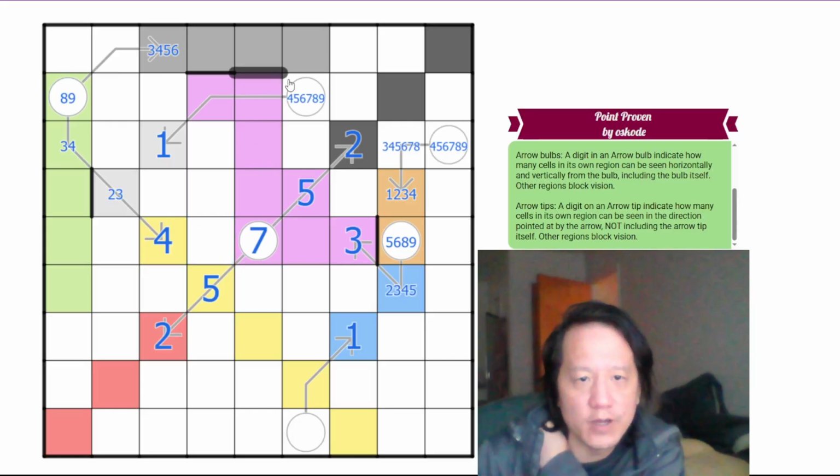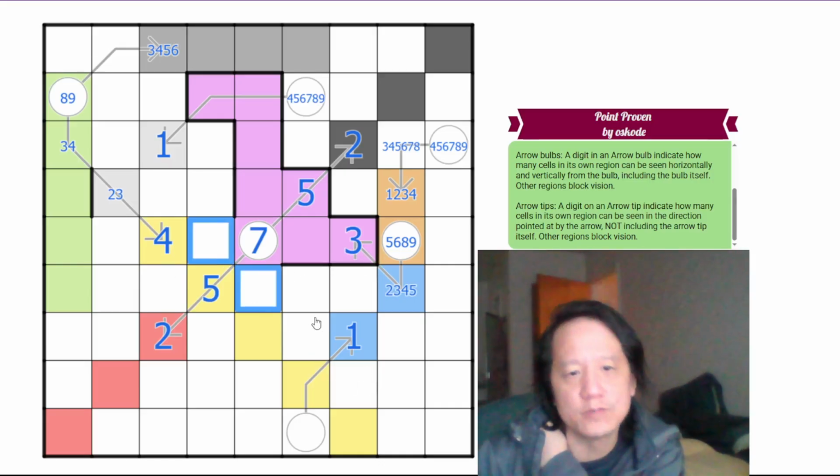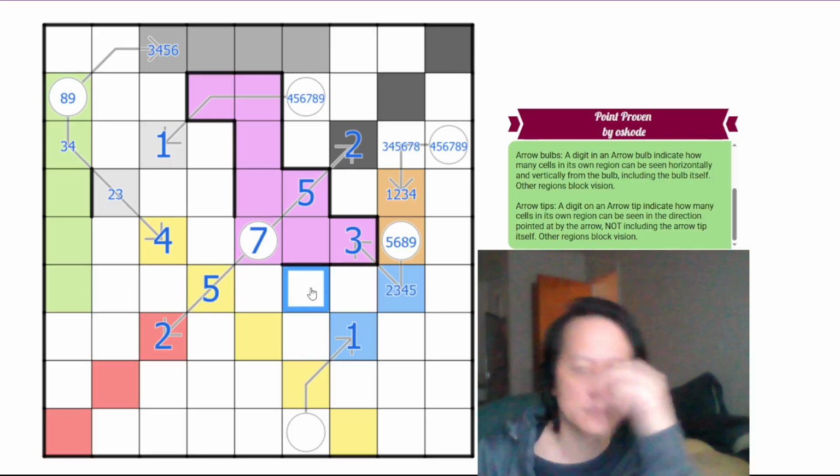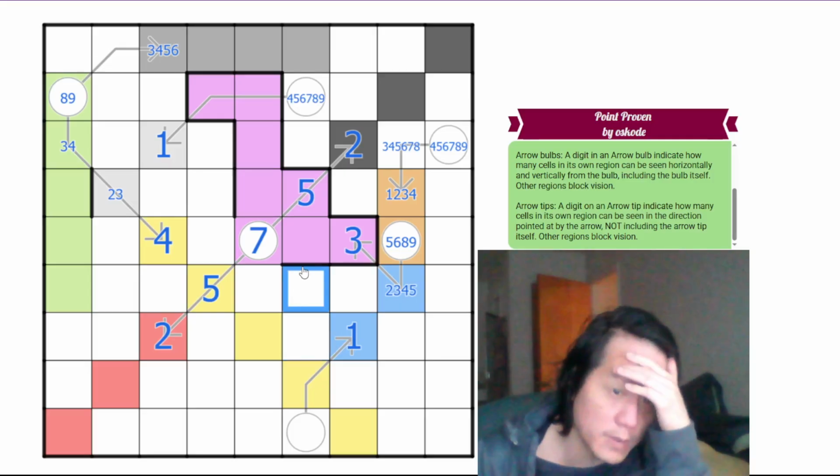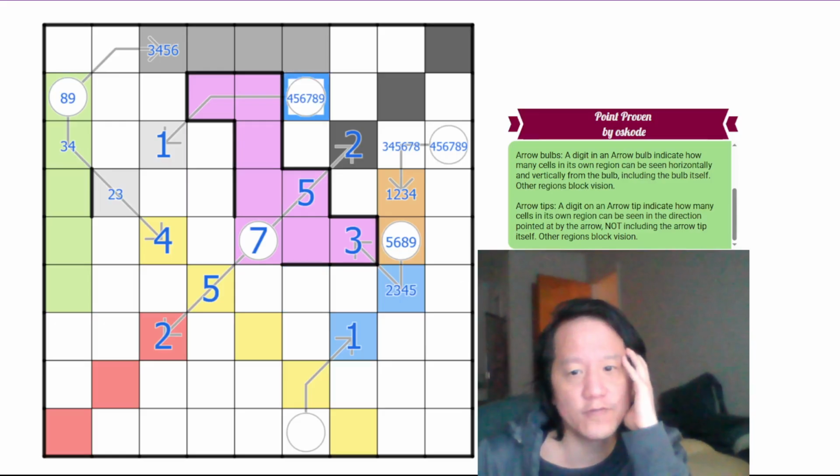So we have boundaries then everywhere else for the pink region. So these are boundaries, and one of these is pink. We're not sure which. This can't be 5.